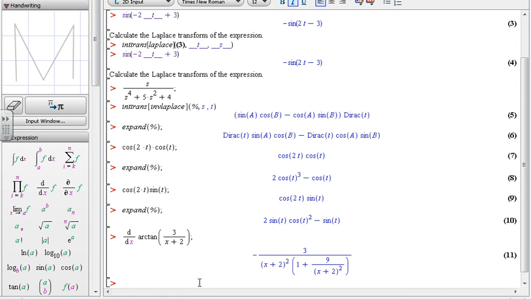I knew that. Didn't you know that? I don't see where that's going to be helpful, but 3 over s plus 2, the derivative of the arctangent.